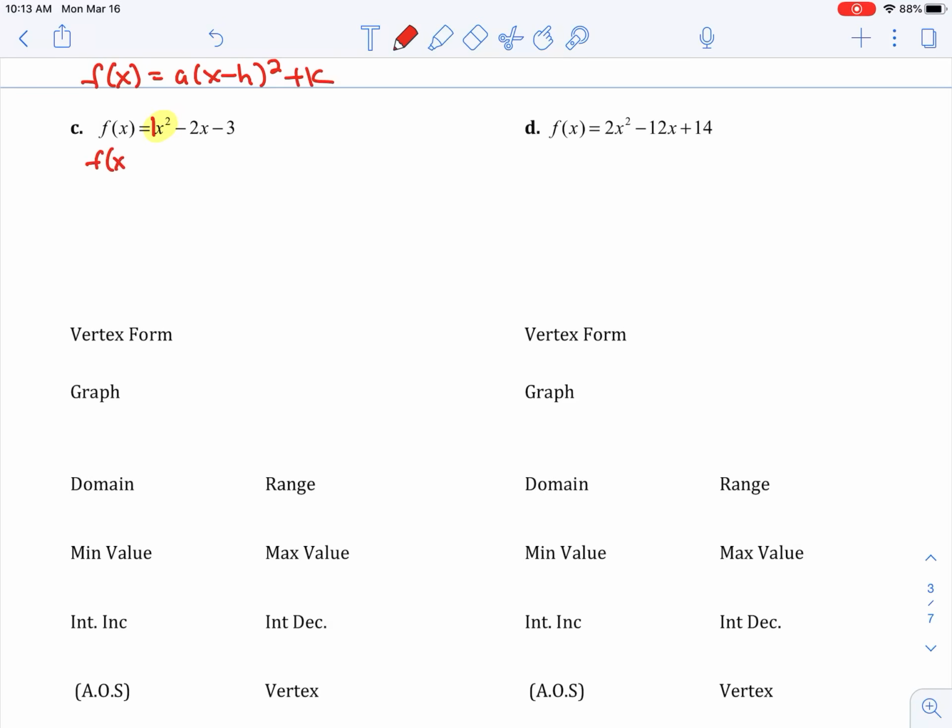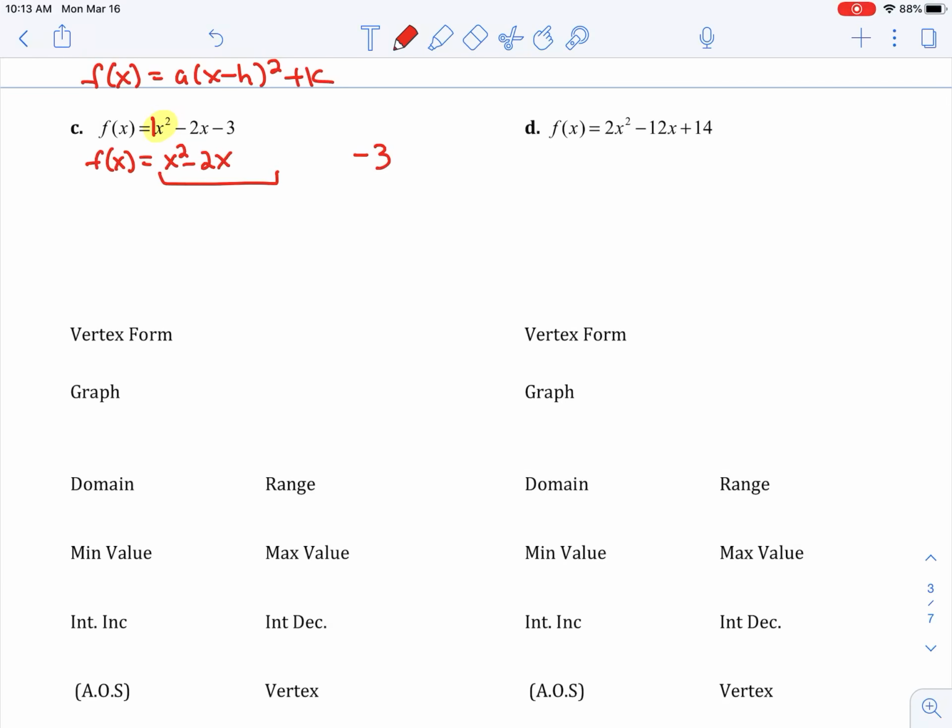And when we go to complete the square, we're only going to focus on the x terms. We're not going to include the -3. I'm just going to push it off here to the side. And when we complete the square, we're trying to create a perfect square trinomial. So what is that third term that we need to add to the x squared minus 2x to create this perfect square trinomial?